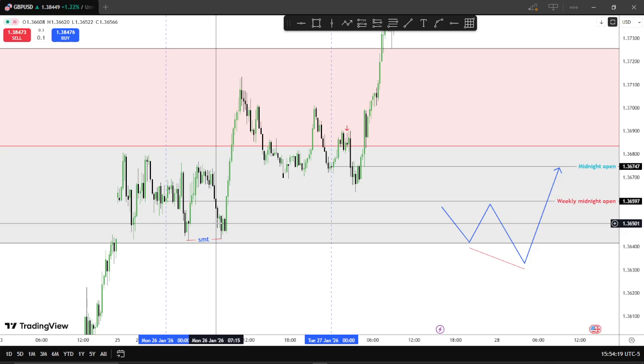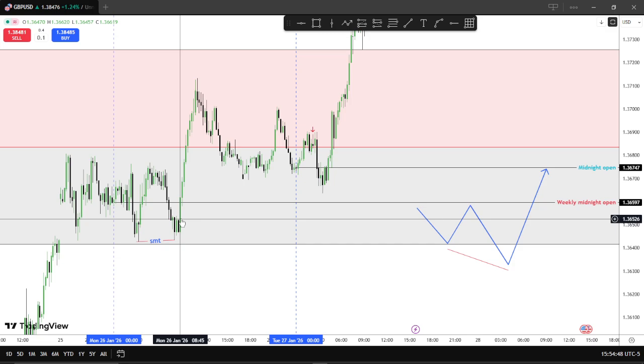I don't know why TradingView isn't putting my execution marks here, but it should be here. My stop loss was below that low.